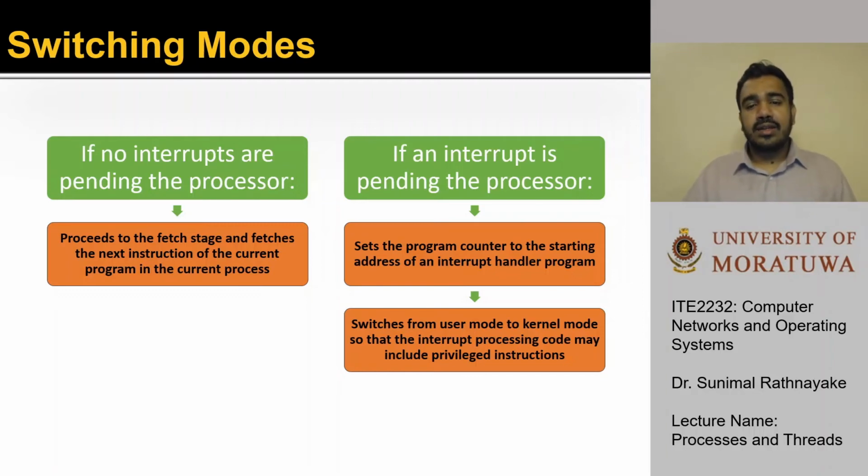And if an interrupt is pending, the processor sets the program counter to the starting address of an interrupt handler program and switches from user mode to kernel mode so that the interrupt processing code may include privileged instructions. So this is what happens when you have interrupts.